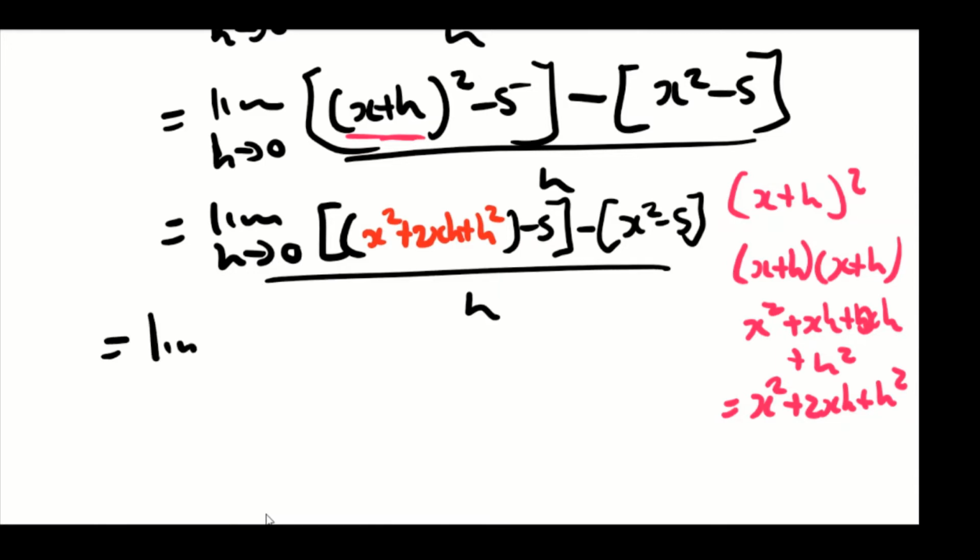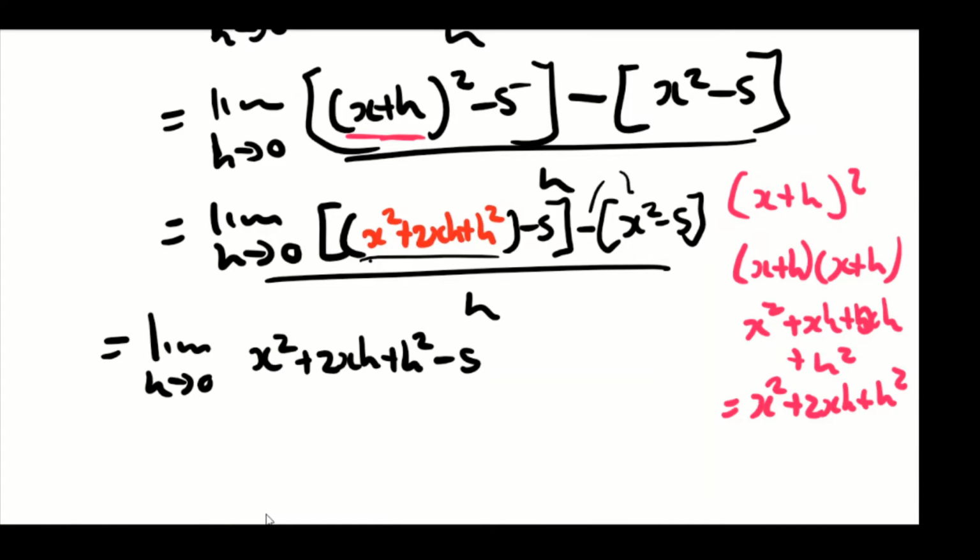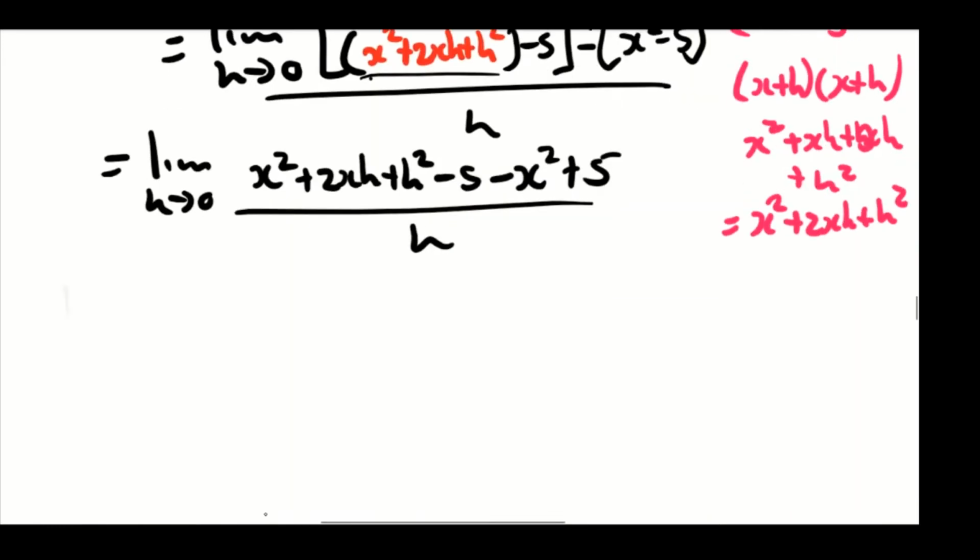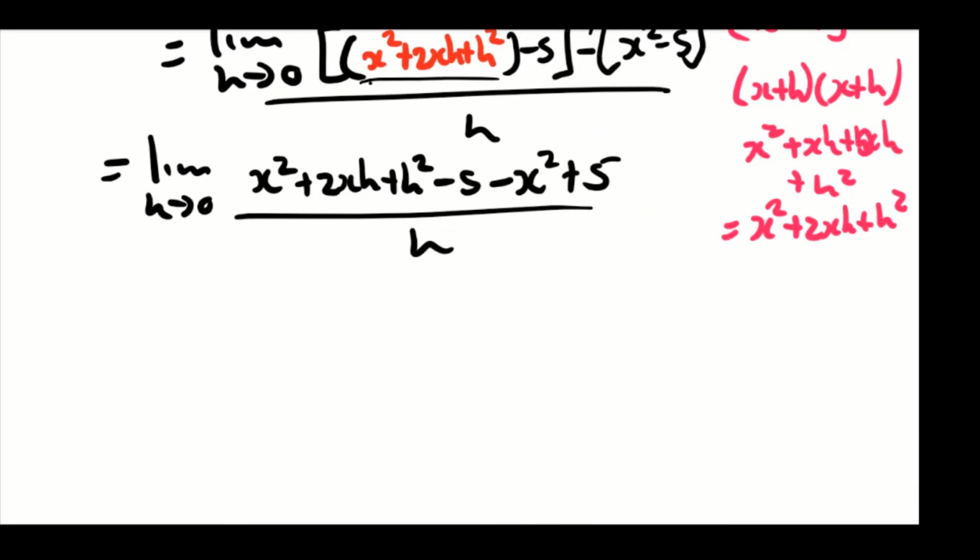So it's going to be the limit when h approaches 0, so we're just going to take this outside the bracket. It's going to be x squared plus 2xh plus h squared minus 5, and then this minus will multiply everything inside here, so it's going to be minus x squared plus 5 all over h, right? And then like terms will cancel each other out.